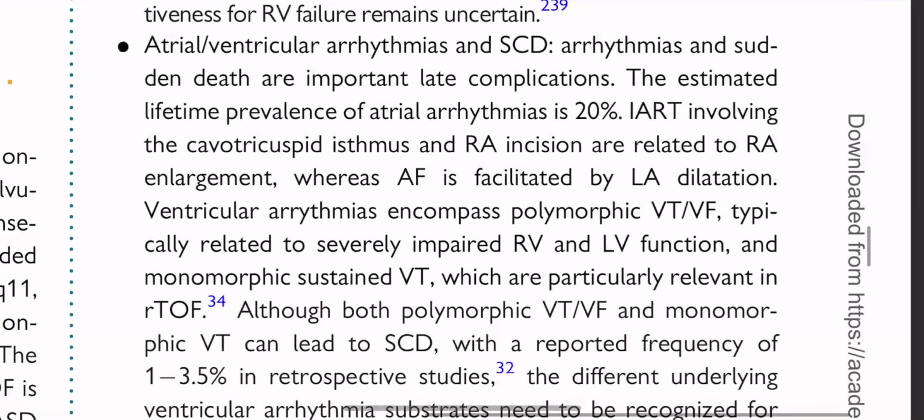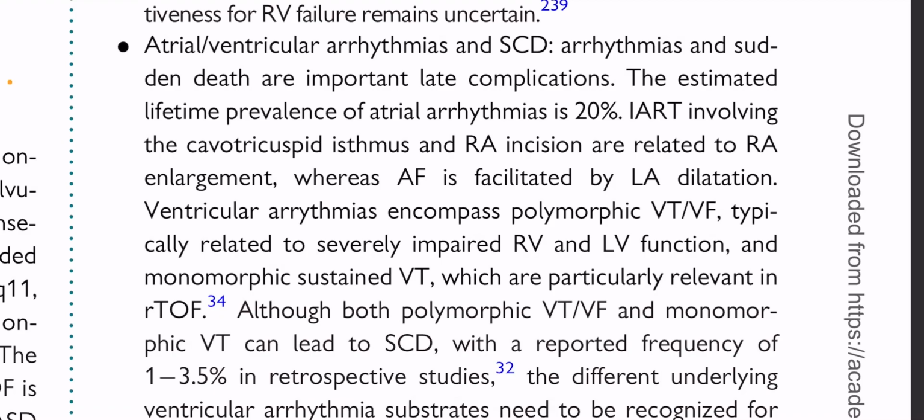Atrial or ventricular arrhythmias and sudden cardiac death. Arrhythmias and sudden cardiac death are important late complications. The estimated lifetime prevalence of atrial arrhythmias is 20%.